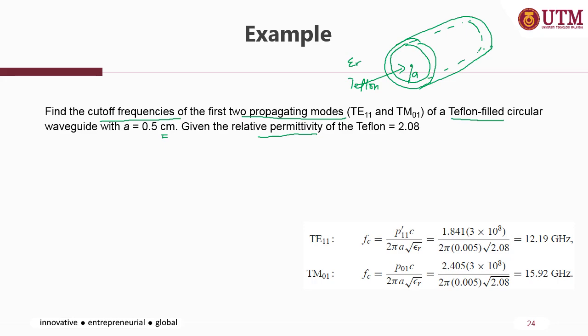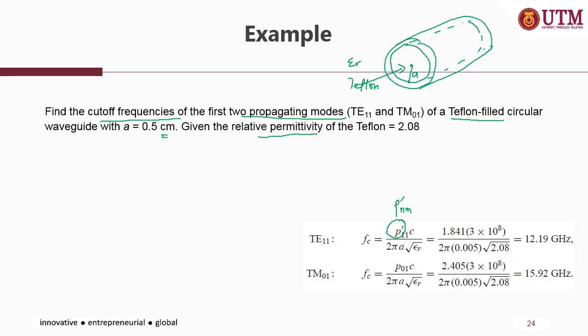You can simply calculate the cutoff frequencies for both modes by referring to the equations. The answer is provided down here, so you just need to familiarize yourself with the parameters involved. For the TE mode, you need to refer to rho prime nm, with n equal to 1, m equal to 1.